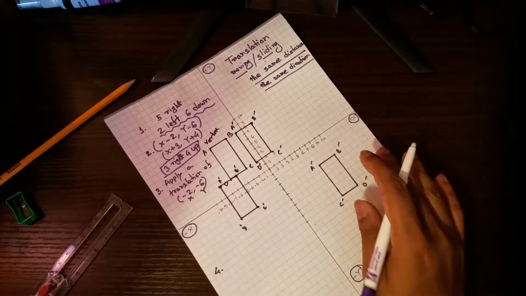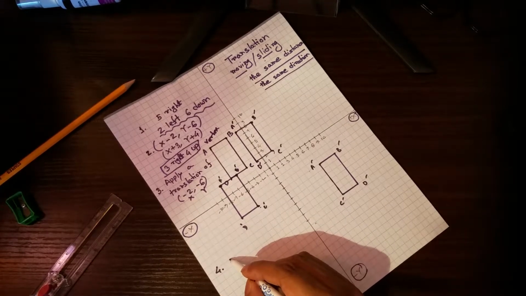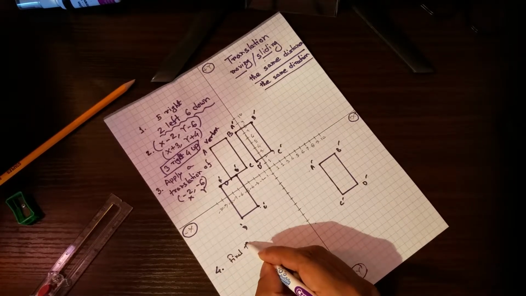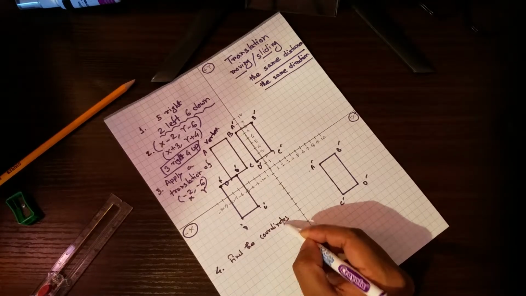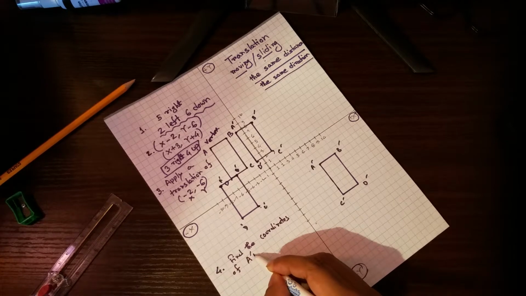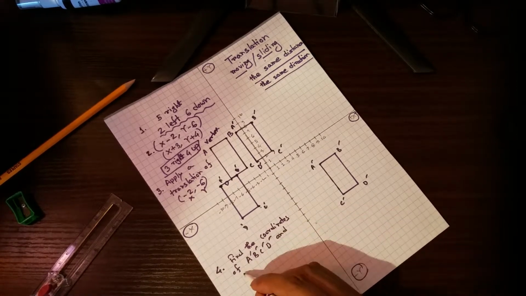So what kind of translation you do? So you'll be told to find the coordinates of A prime, B prime, C prime, and D prime, and the translation.